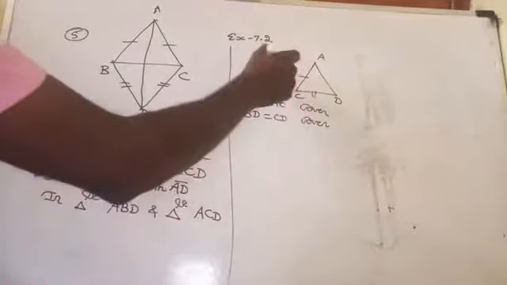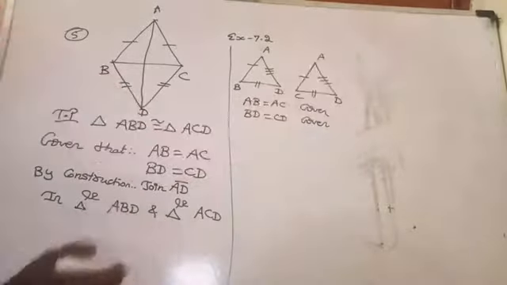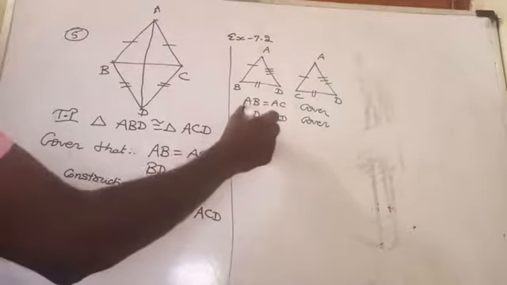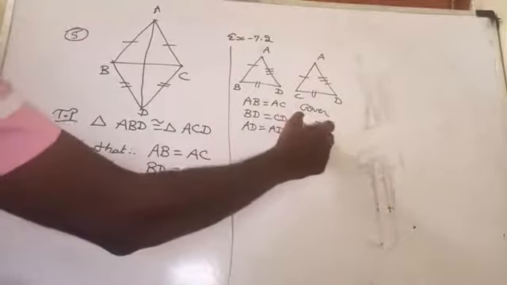And then AD is common. In both the triangles, the side AD is common. So AD equals AD, common side.